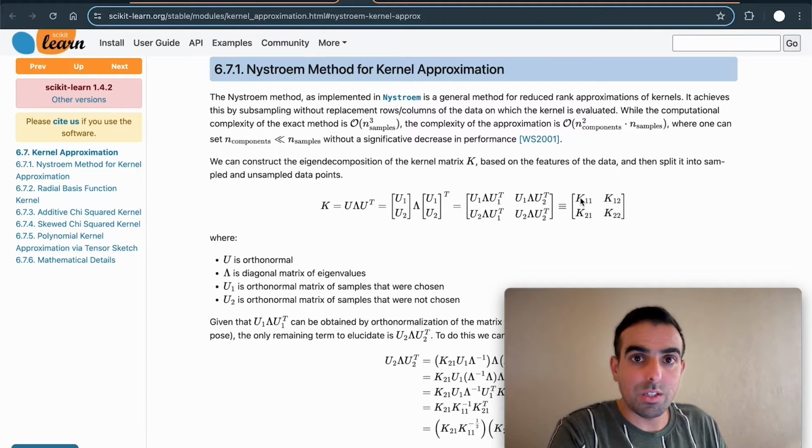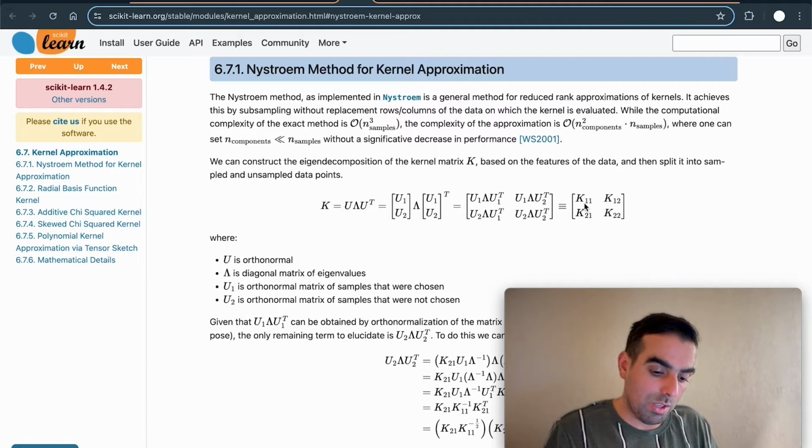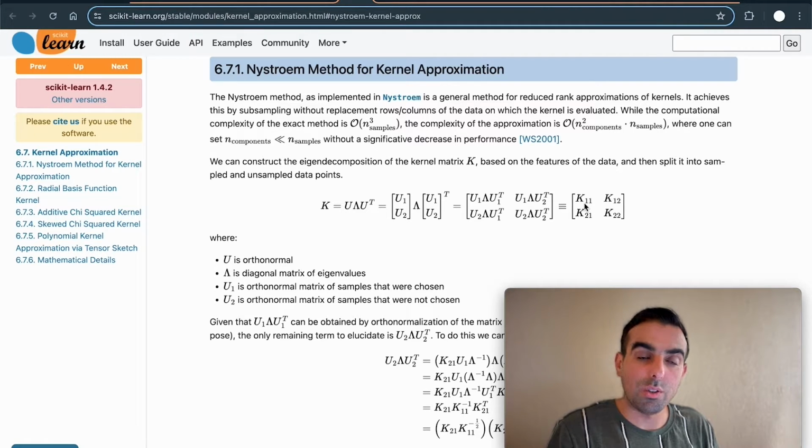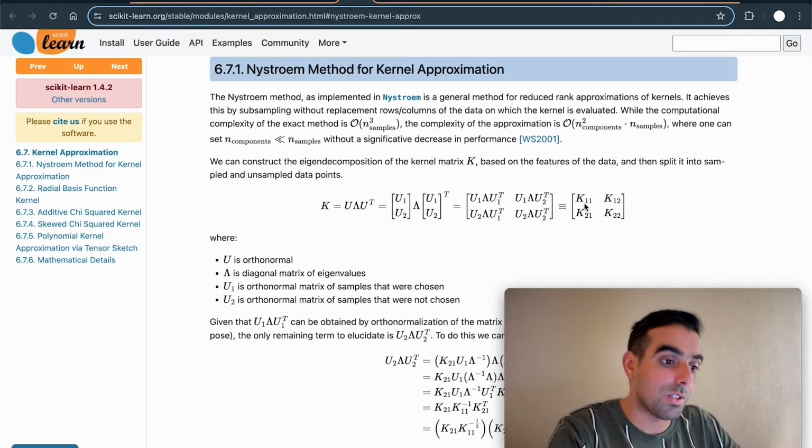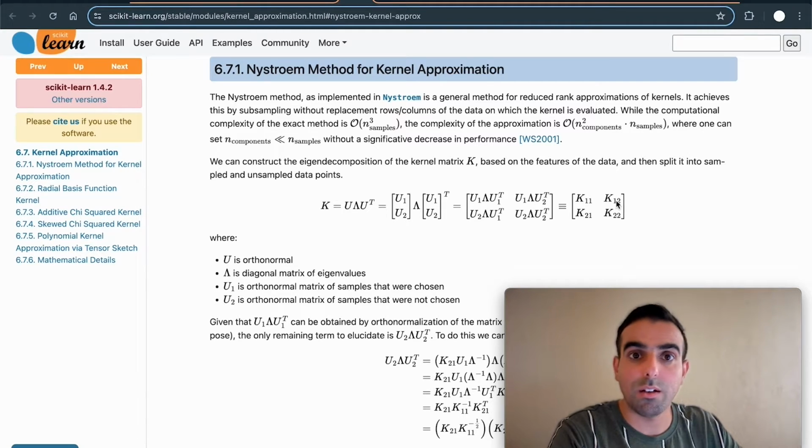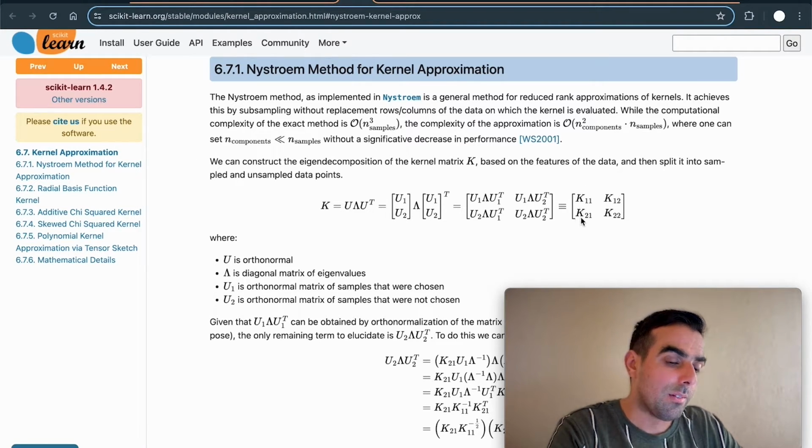So this is the adjacency matrix. K11 is the small set. It's a small affinity matrix, the representatives' affinity matrix, showing how the representatives are connected to each other. It's either the distance between them or the similarity between them, but this is a very small affinity matrix. K12 is the similarity between the representatives and the rest of the points in the dataset. K21 is likewise the similarity between the representatives and the rest of the points in the dataset.